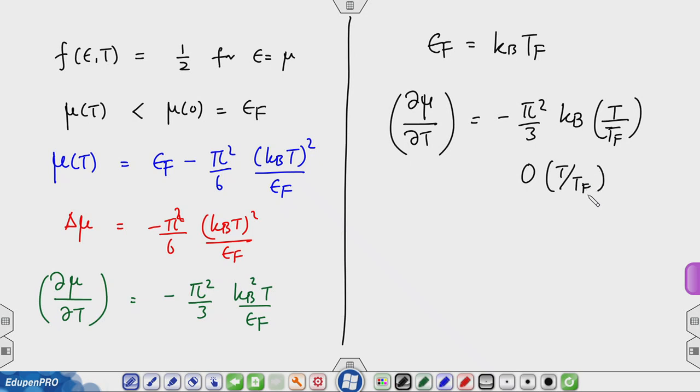Recall from our estimate of epsilon F, TF is of the order of 10,000 K, so T over TF is much less than 1.